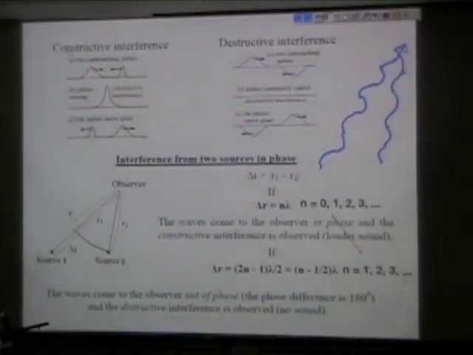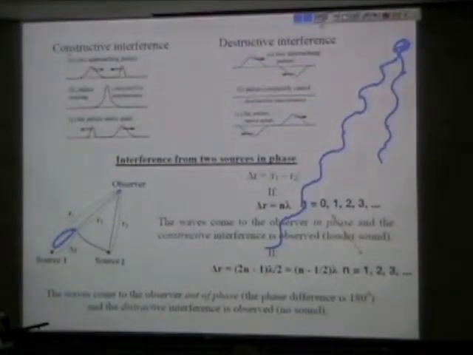So they're going to be in phase again, and again we're going to observe a maximum of intensity. Same is true if you can fit exactly two wavelengths, or exactly three wavelengths, and four. So as long as inside this path length difference you can fit an exact number of lambda, you always have to observe a maximum of intensity at this location.